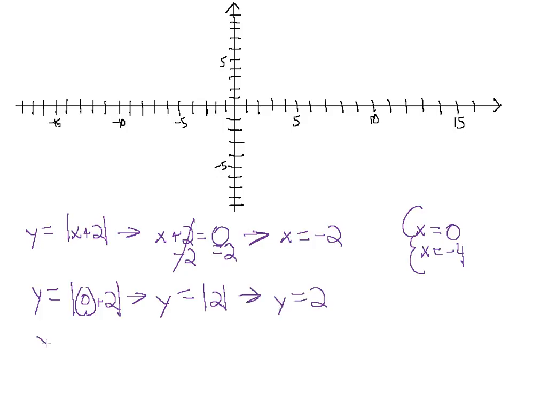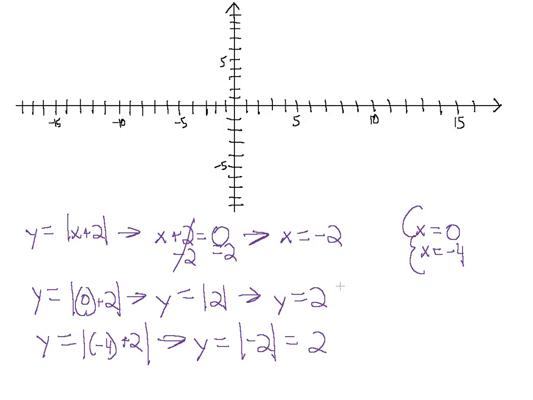Alright, not a whole lot to it. Let's look at the next one. We have y equals the absolute value of negative 4, using our other value, plus 2. We have y equals the absolute value of minus 4 plus 2, and minus 4 plus 2 is minus 2, so we get the absolute value of minus 2.